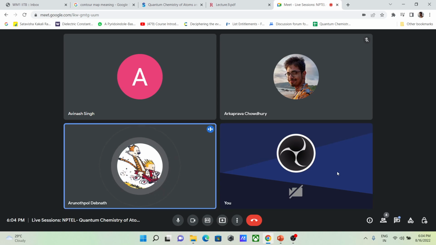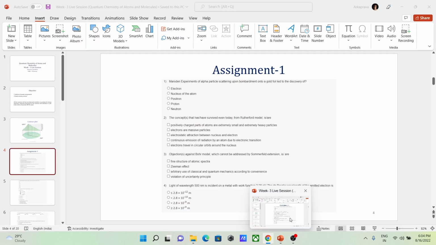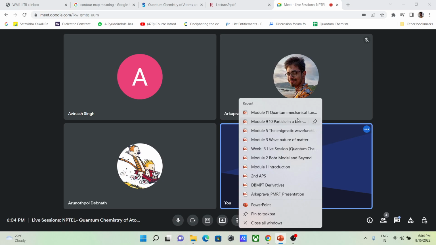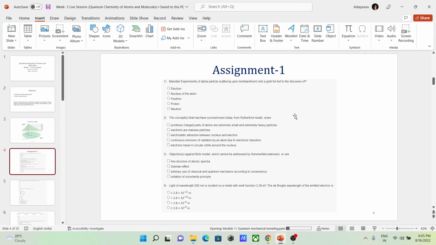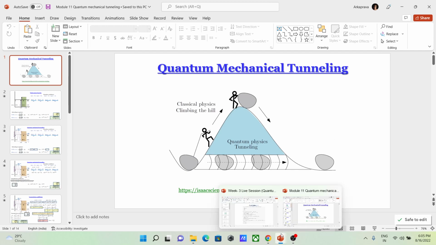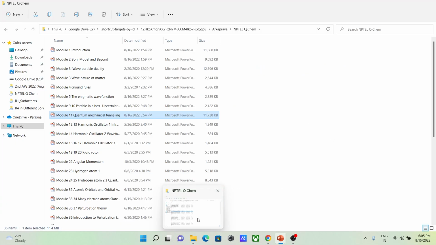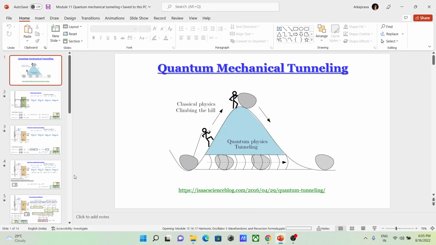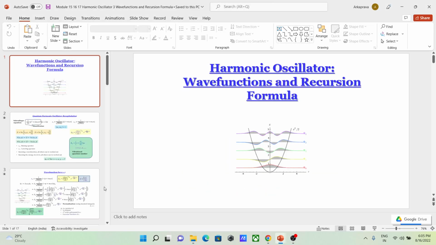So, the recursion formula for the Hermite polynomials. I don't exactly remember the formula, but let's see. I had the slides. This one is for tunneling. Let me check. You can't see my screen right now, right? I have not shared it.